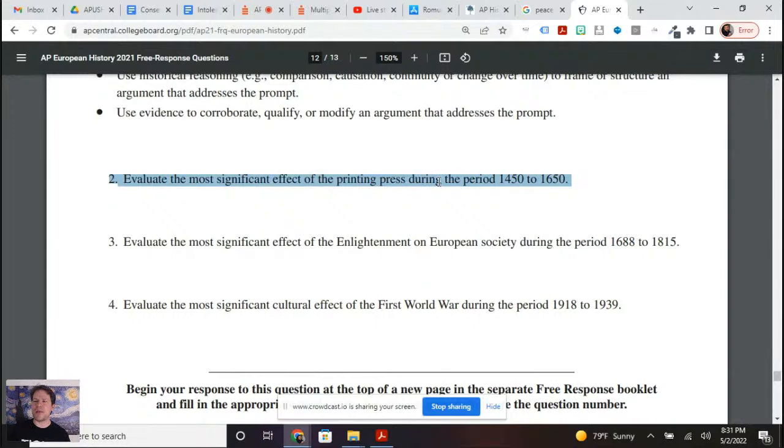When we think about the printing press, we're thinking about the Renaissance, the spread of the Renaissance beyond the Alps to Northern Europe, the Reformation, Martin Luther having the 95 Theses printed, and also the Scientific Revolution, which is something to note as well.